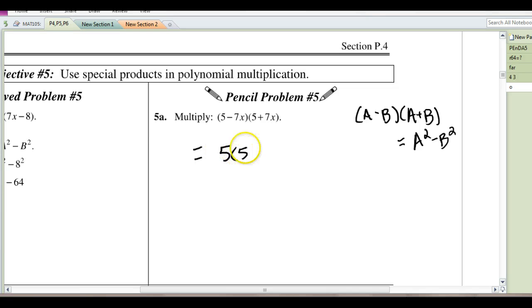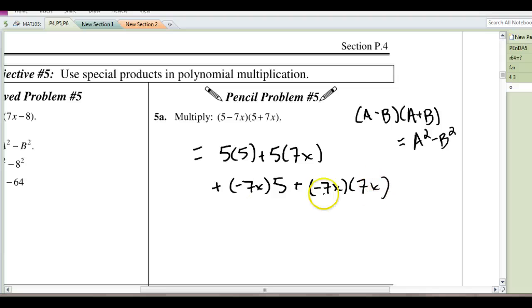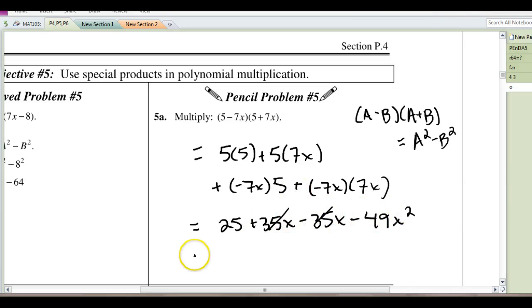So 5 times 5 plus 5 times 7x, and then plus negative 7x times 5, and then plus negative 7x times positive 7x. And we end up with 25 plus 35x minus 35x minus 49x squared. So you see the middle two terms are just going to drop out. They cancel with each other. And we end up with 25 minus 49x squared.